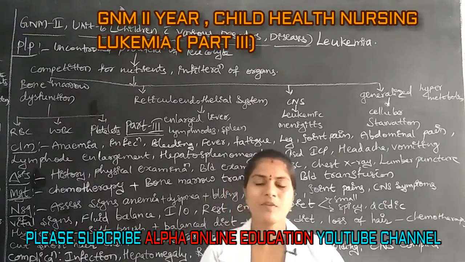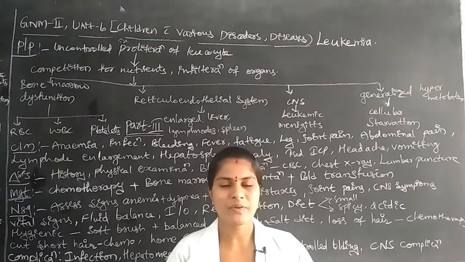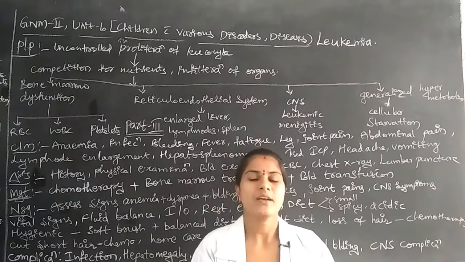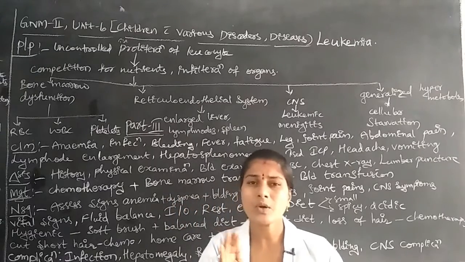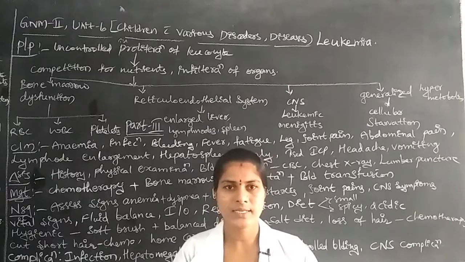This is one type of dangerous disease condition for children. In early stages we provide a special treatment, chemotherapy, which gives some prognosis. We are controlling complications, but we are not curing the disease condition.